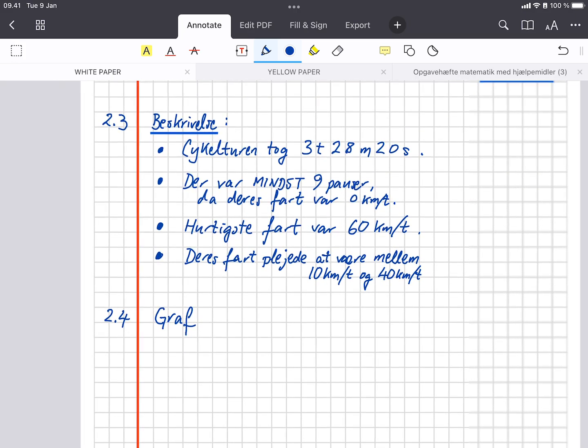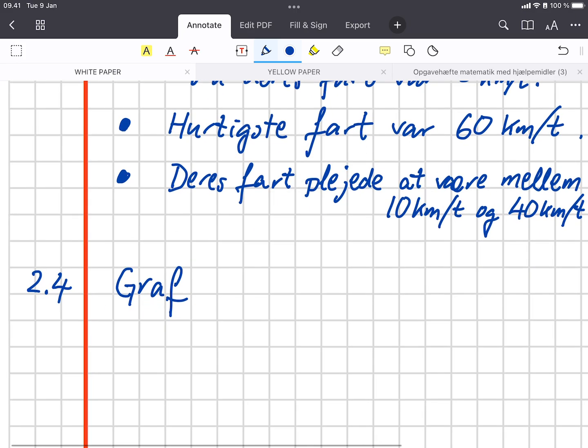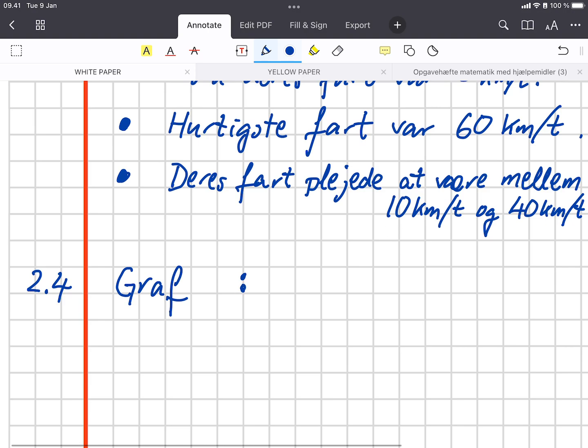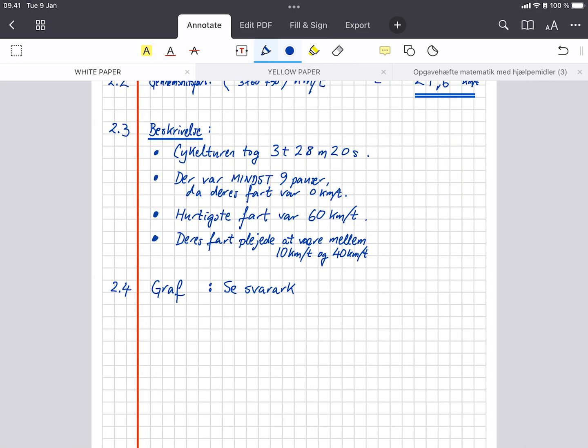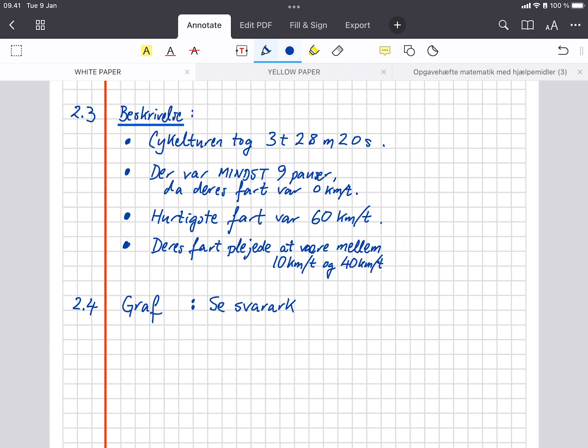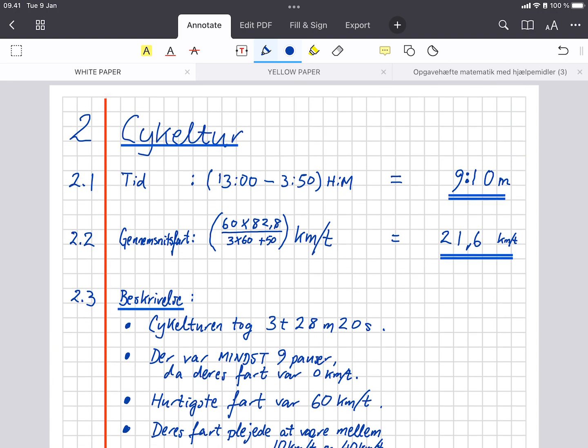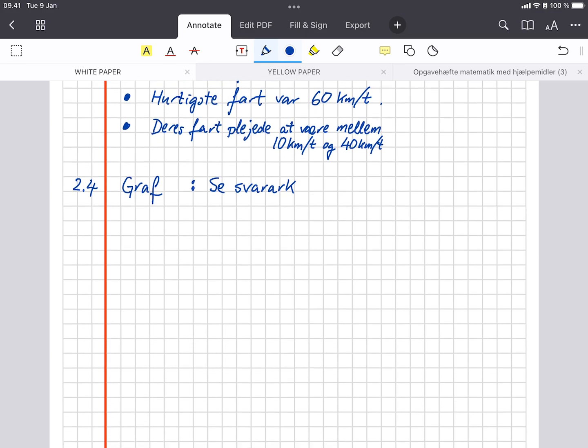Just going to get my colon in the same column as before. And all I'm going to write is "see supplementary sheet". And then the person looking at this is going to know that my response to this question is on that supplementary sheet. So that's my white paper done with for this question.